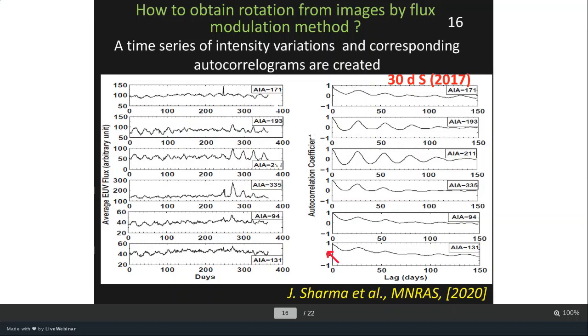So here in the right panel we can see that the first peak of the autocorrelogram is smoother as compared to other peaks. It is also higher with respect to other peaks, so it has more authentic information of the rotation period with more accuracy. So we will use the first peak of the autocorrelograms, and we will fit a Gaussian function to make it more symmetric.